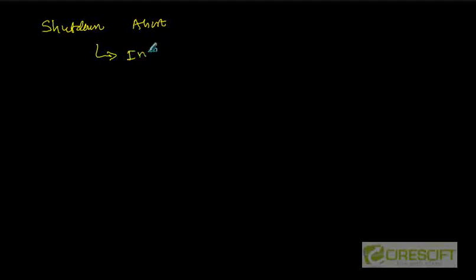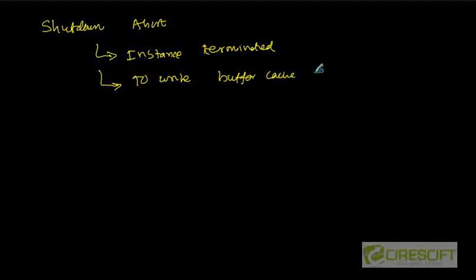That means the SGA is released and background processes are killed. In this case Oracle doesn't have a chance to write the buffer caches to the data files. So whenever you do startup next time, instance recovery will automatically happen.